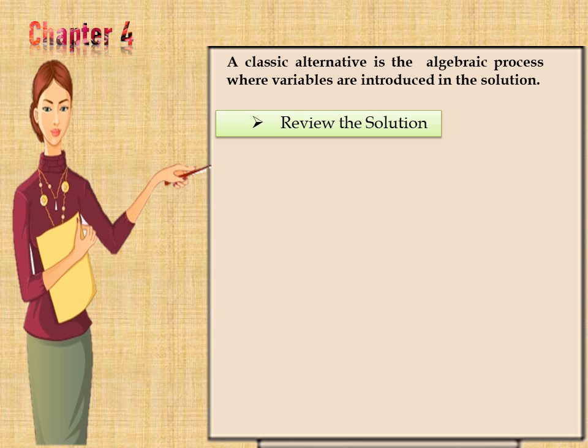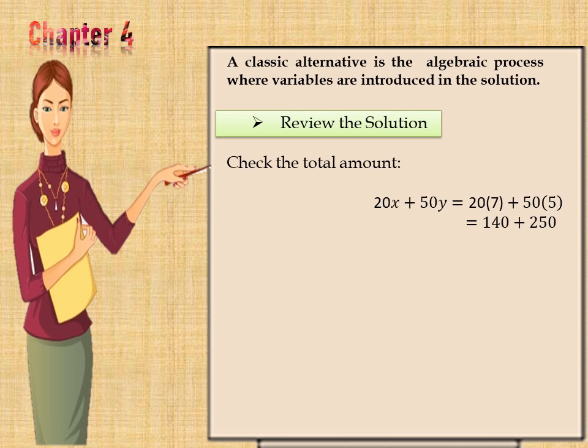Next, we're going to review the solution. We're going to check the total amount. Since equation 2 is the equation for the total amount, we can have 20x plus 50y equals, noting that x is equal to 7, 20 times 7 plus 50 times 5, since y is equal to 5. 20 times 7 is equal to 140, and 50 times 5 is equal to 250.